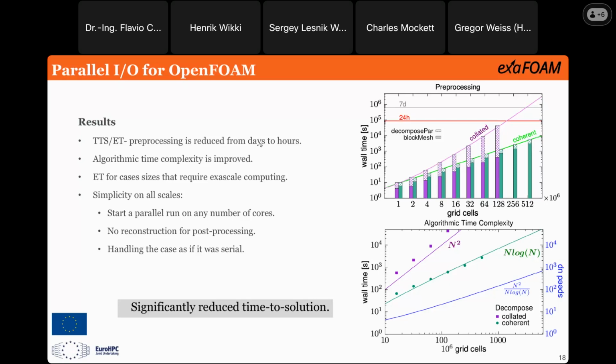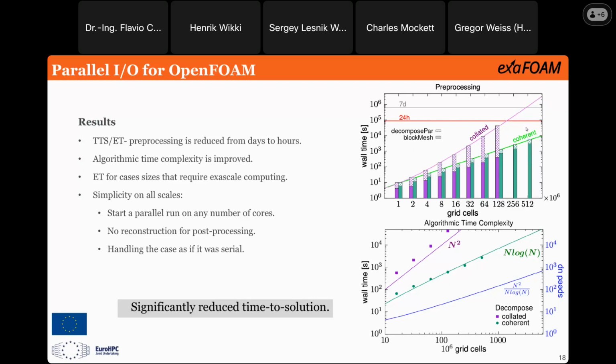If I pre-process the case for different mesh sizes, from 1 million up to 512 million cells, do a block mesh and then the decomposition, and use the collated format, it quickly adds up to levels where I cannot pre-process it on a 24-hour queue.